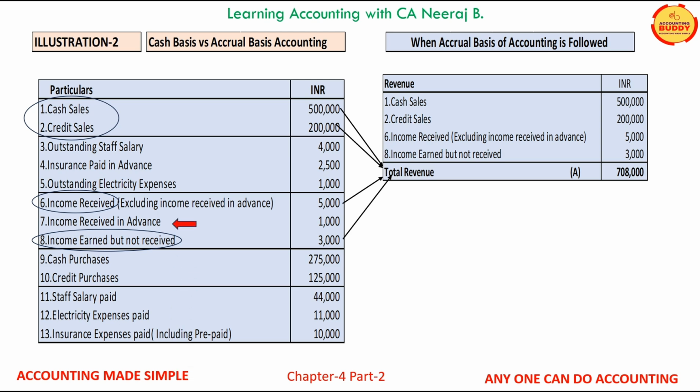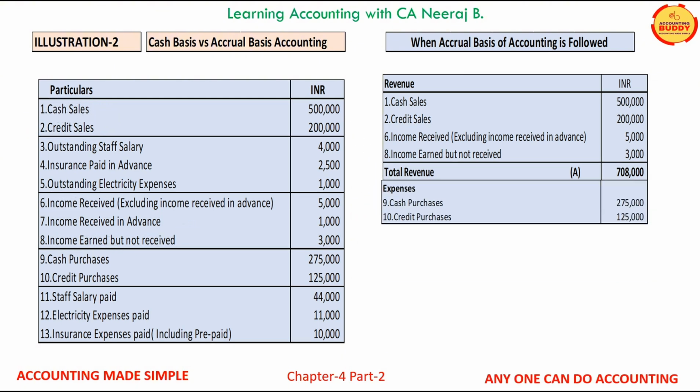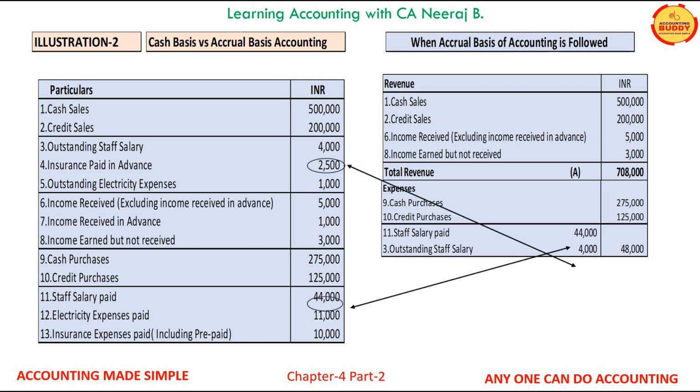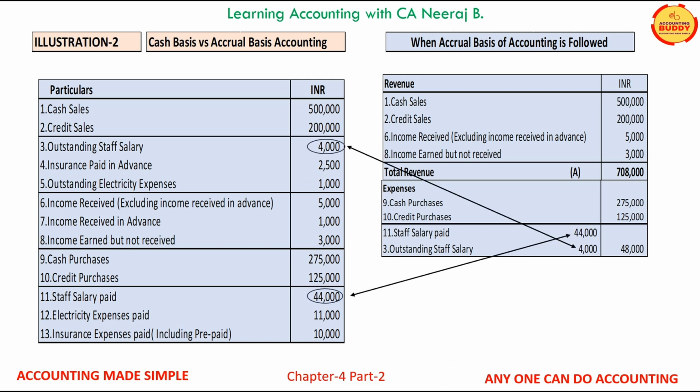Under accrual basis of accounting, both cash purchases of 275,000 and credit purchases of 125,000 will be considered. Now, so far as staff salary is concerned, both staff salary paid 44,000 and outstanding salary of 4,000 will be considered.